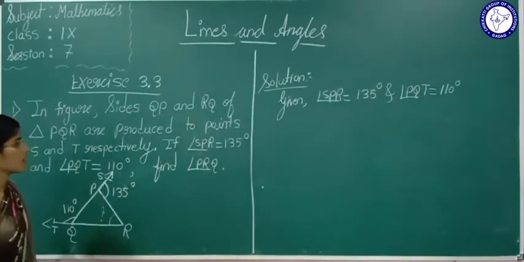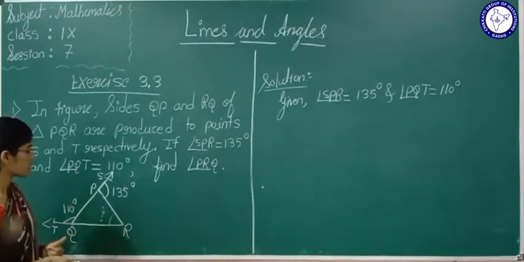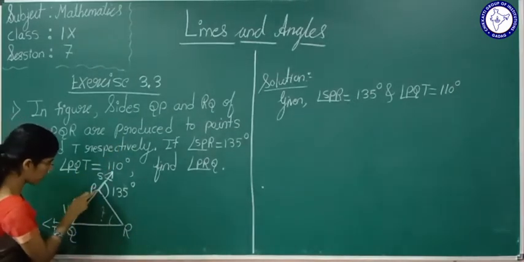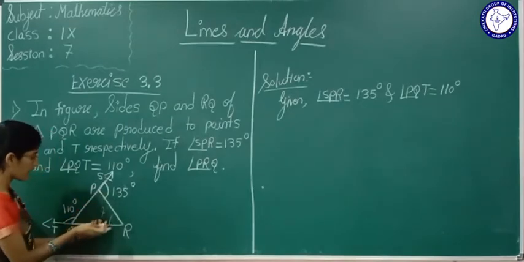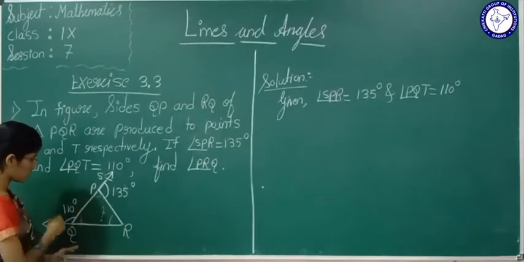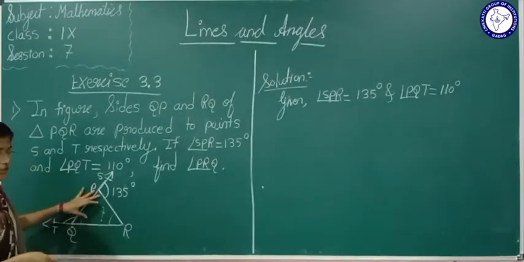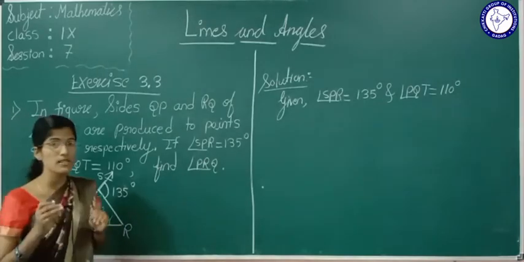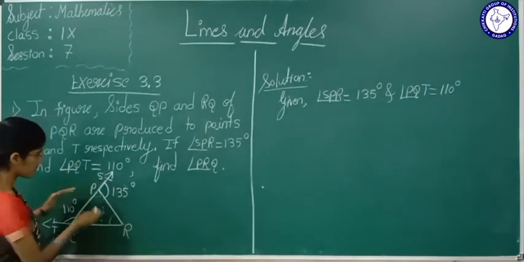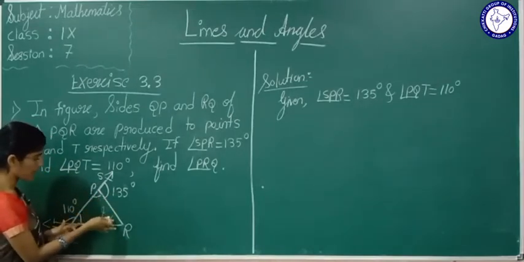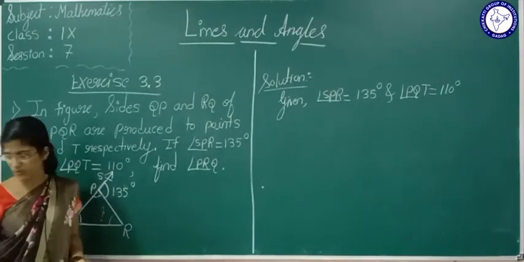This is the given thing. We have to find out the value of PRQ. To find out the value of PRQ, we want these two angles. If we know these two angles, we can use the angle sum property here and we can find out this value.